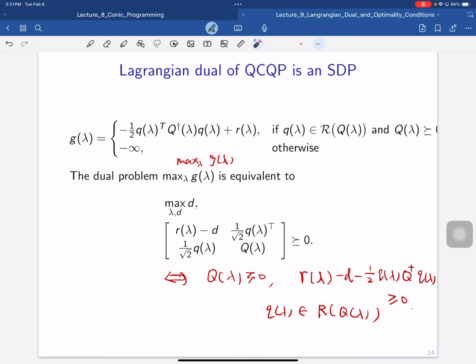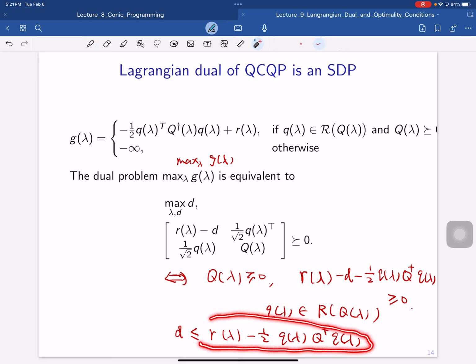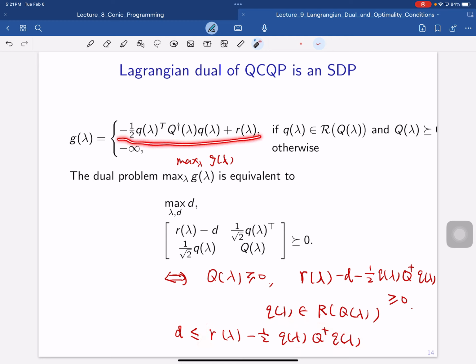If you manipulate this inequality a little bit, we basically get that D has to be less than or equal to R lambda minus the pseudo-inverse term. And as you can see, the right-hand side is nothing but the objective of this G lambda function, right?